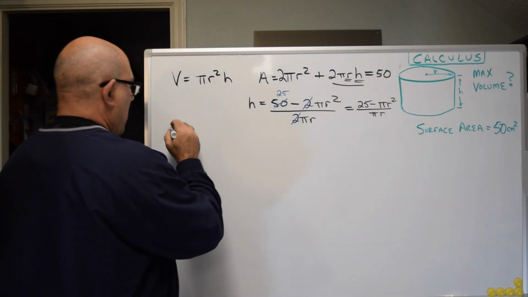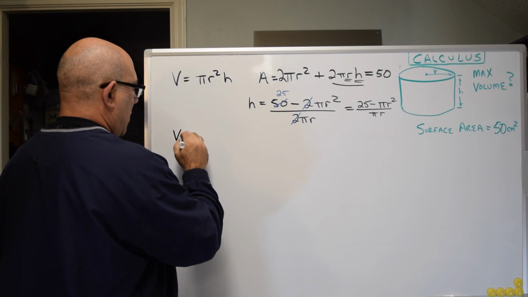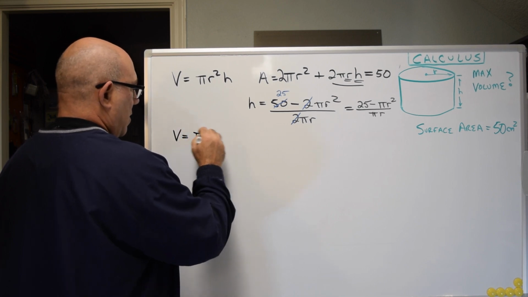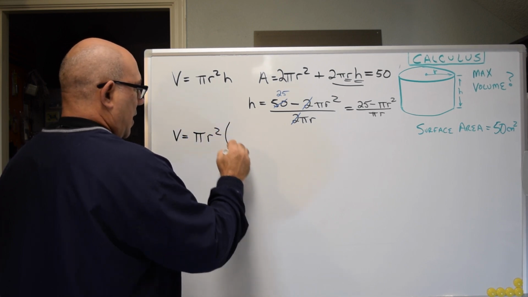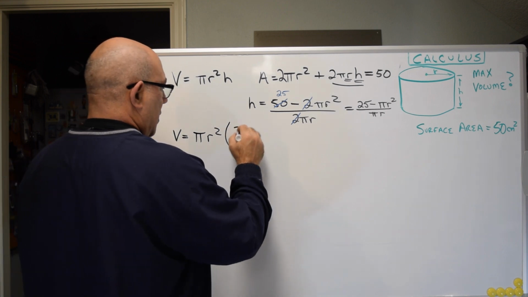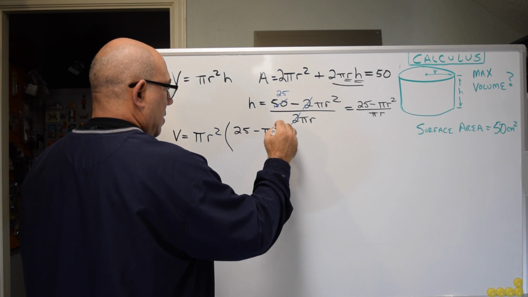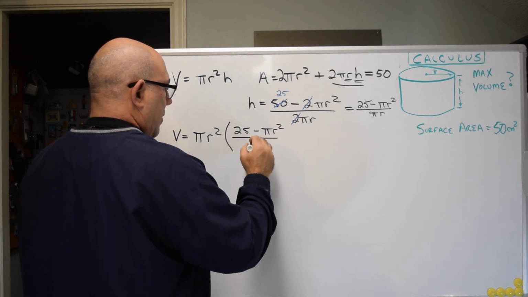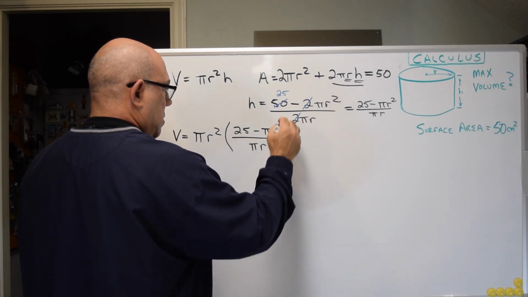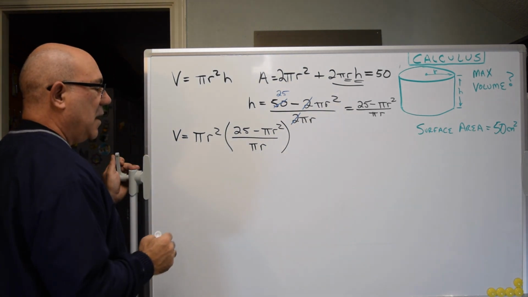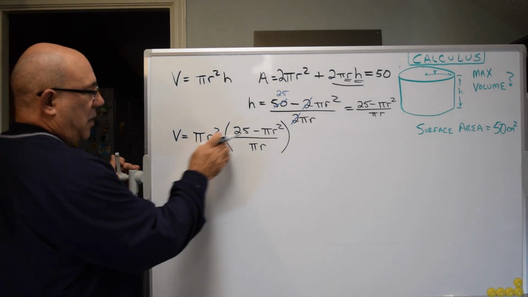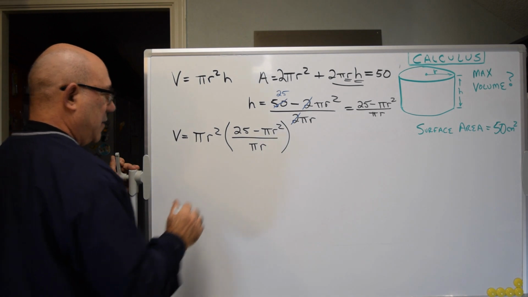So let's plug that into the volume. We have the volume equals pi r squared times 25 minus pi r squared, divided by pi r. Okay, so now let's multiply this through and see if we can simplify this.